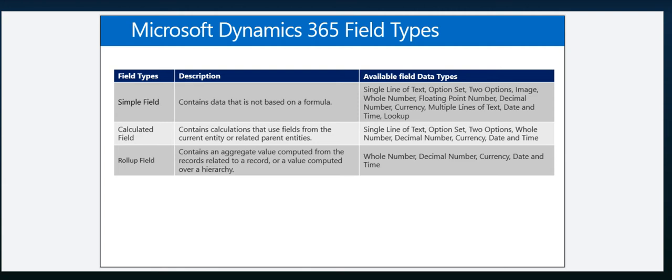Then there's the roll-up field, which looks at all the child records of a specific type and counts them based on specific criteria, or can do average, minimum, or maximum values from the child records. So that's a roll-up field because it's rolling up information from the child records.